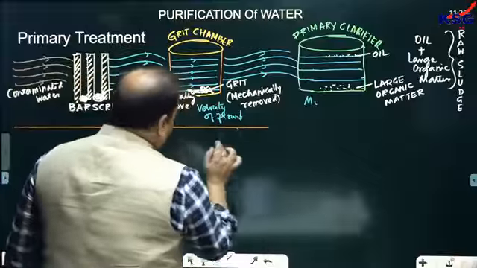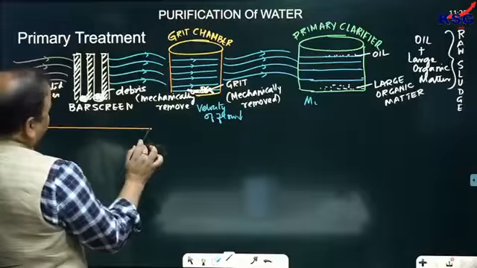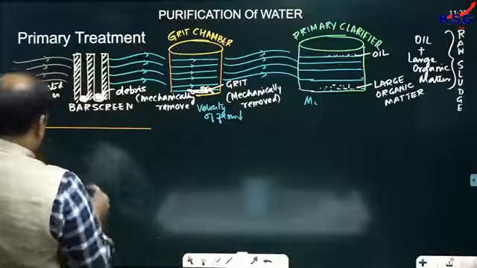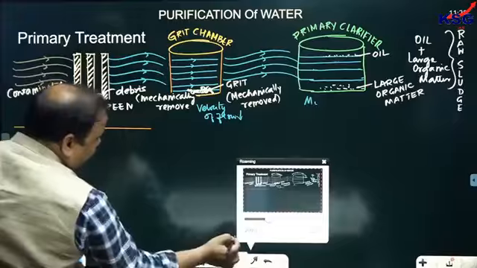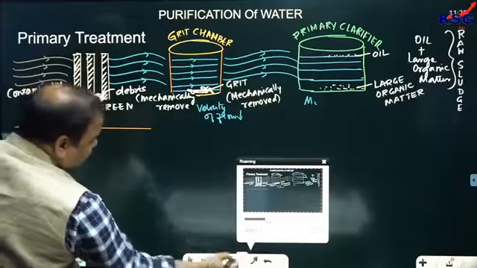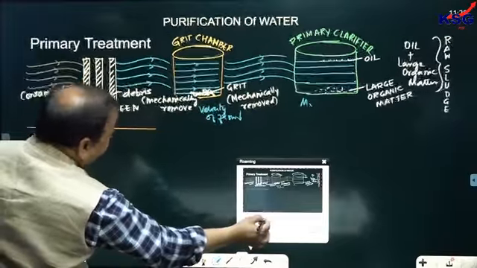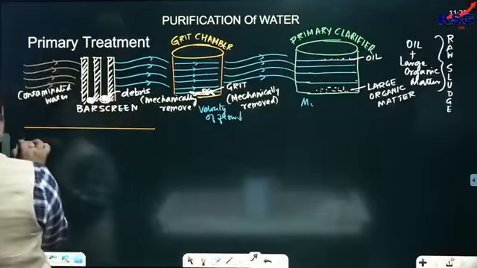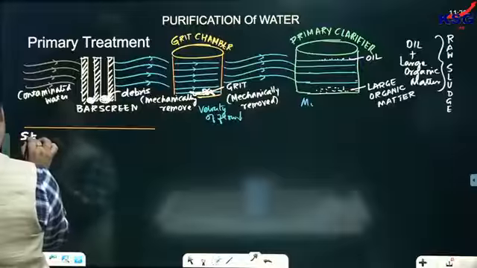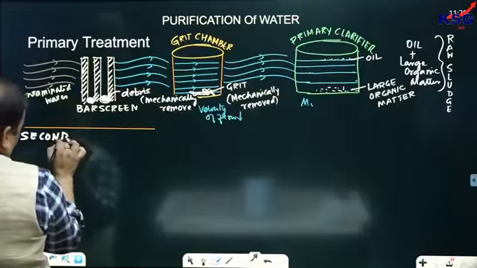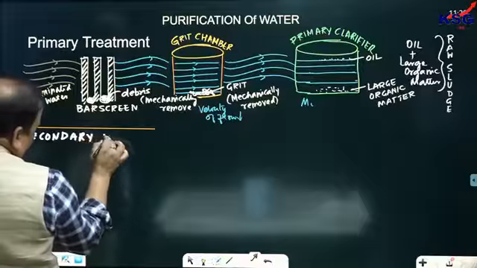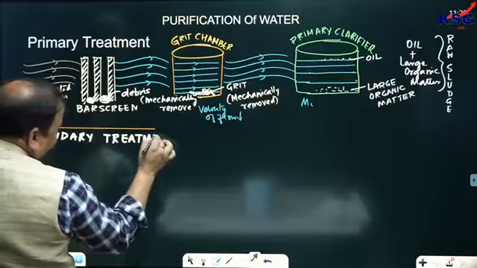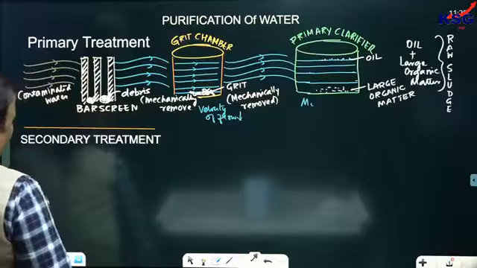Now the second phase is called as what? Here we are responsible for starting the second phase, which is called secondary treatment. Now the water which is coming from the primary treatment would be taken.